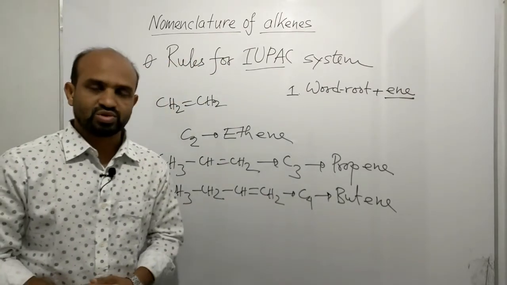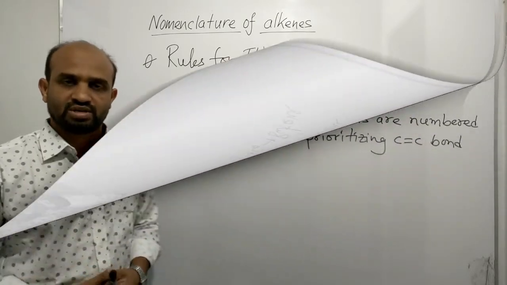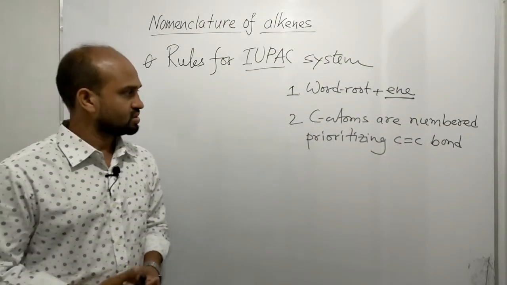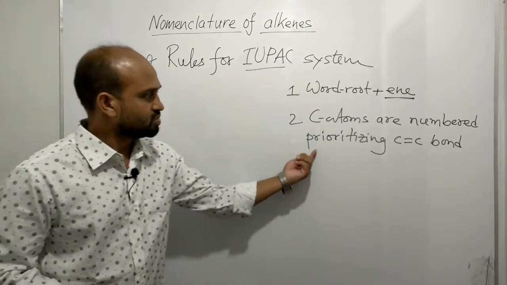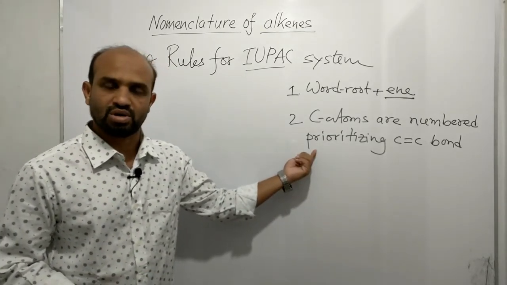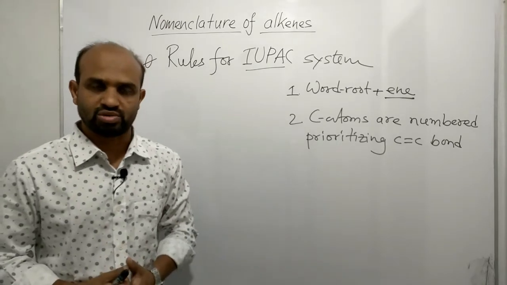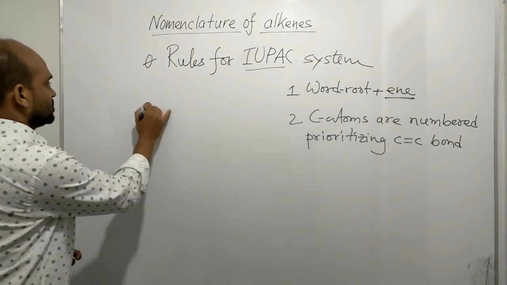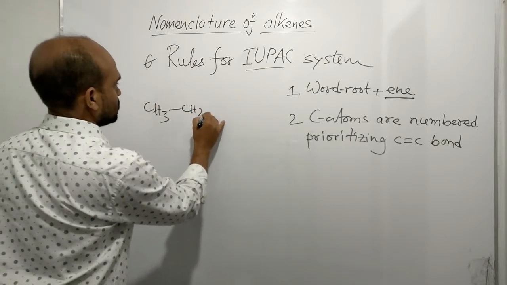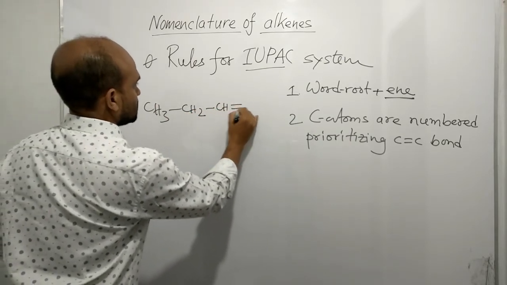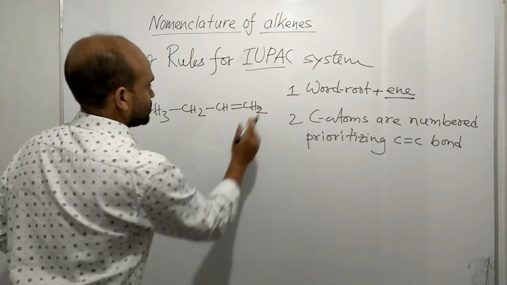Let's move on to the next point. The second rule is carbon atoms are numbered prioritizing carbon-carbon double bond in the compound. Let's see a compound CH3-CH2-CH=CH2.